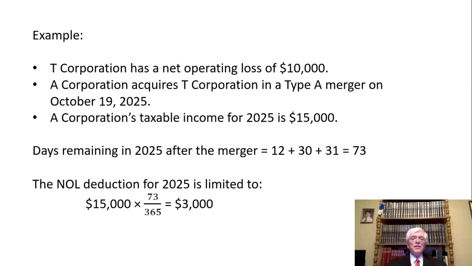We cannot use the other $7,000 in 2025. We can use it in 2026 without limitation because A owns T for 100% of 2026. In 2025, only 20% of A's earnings can be offset by T's net operating loss.